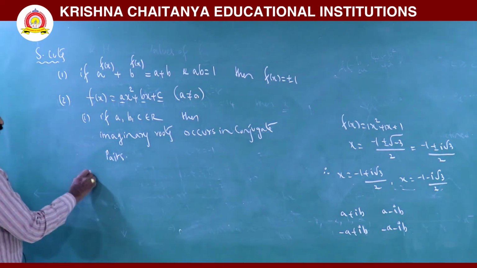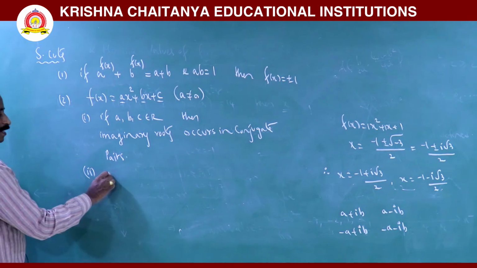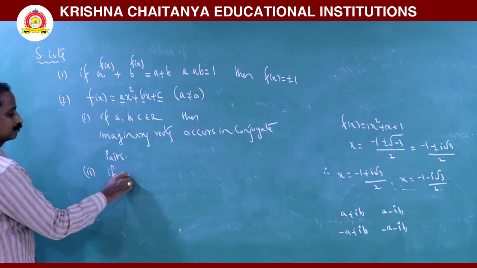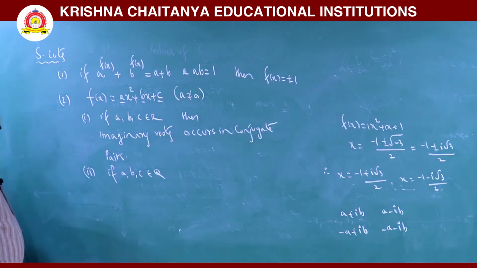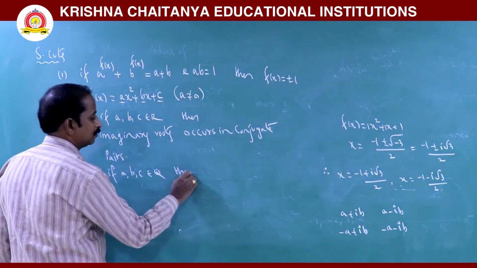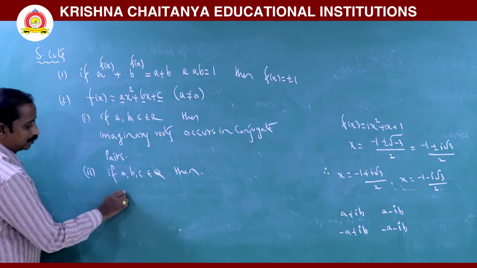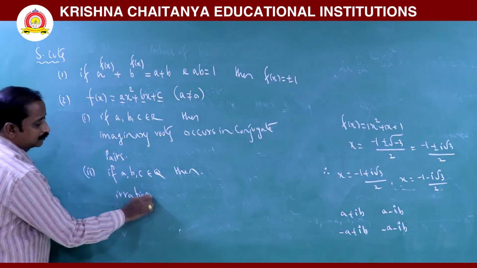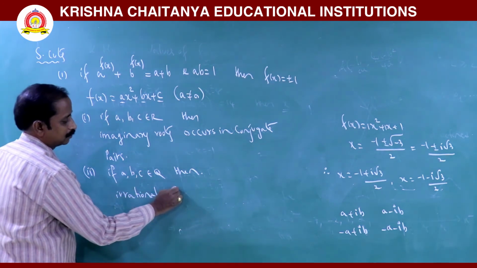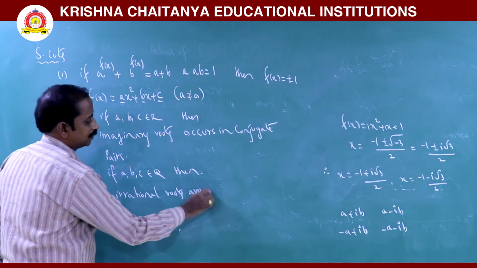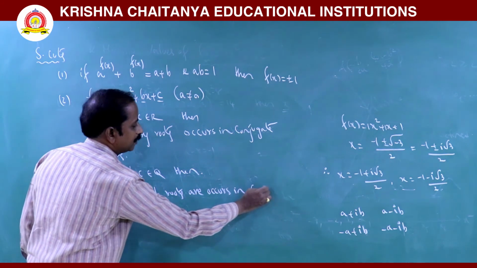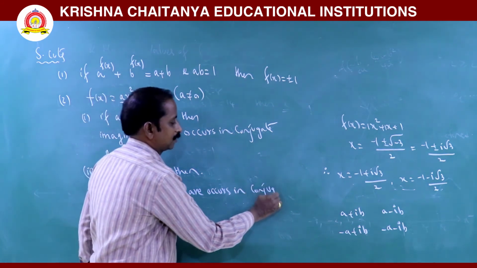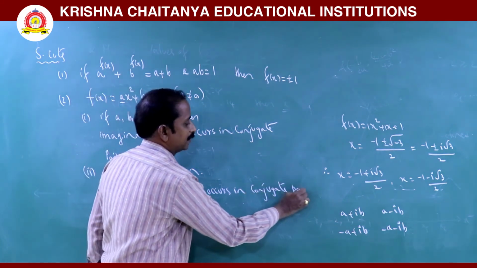Next, come to the second point. If a, b, c belong to rational numbers, then irrational roots occur in conjugate pairs.